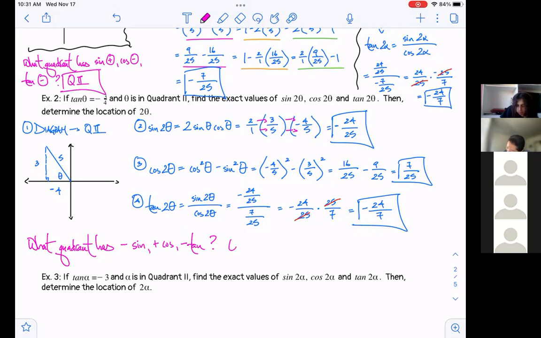Great, that is quadrant 4. And so now we've answered all parts of the question. We found the exact values, and then we determined where 2 theta is going to be. I don't know how big 2 theta is. I just know it's going to be in quadrant 4.